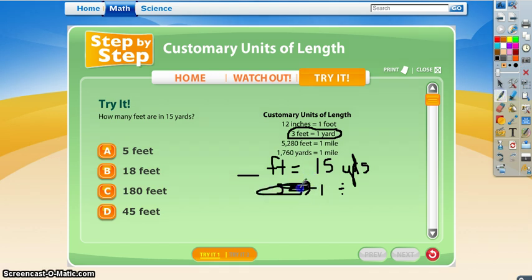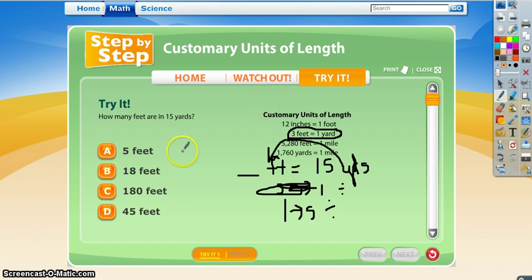Actually, I'm looking at the chart wrong. We know we have 15 yards and we're going to a smaller unit. So we're going from larger to smaller, and when you go from larger to a smaller unit, you multiply. I didn't think that was right, sorry.